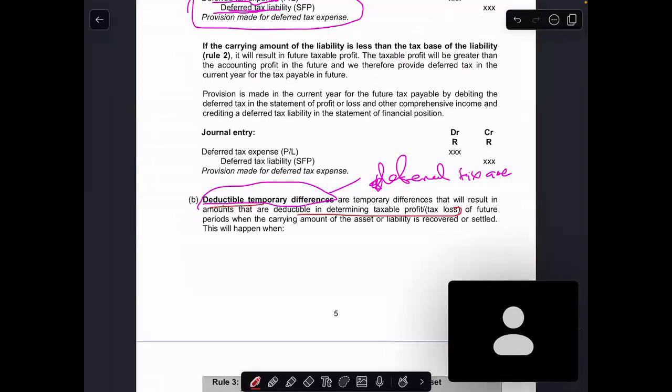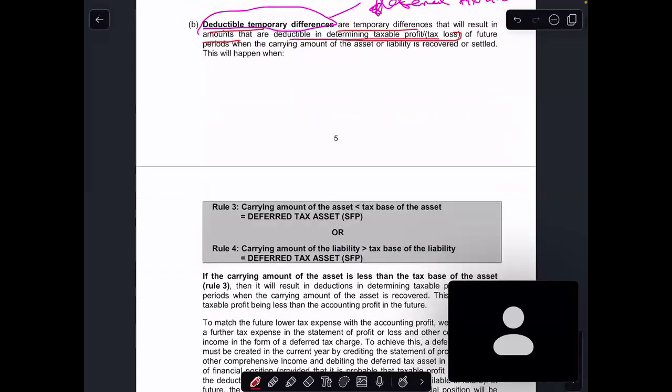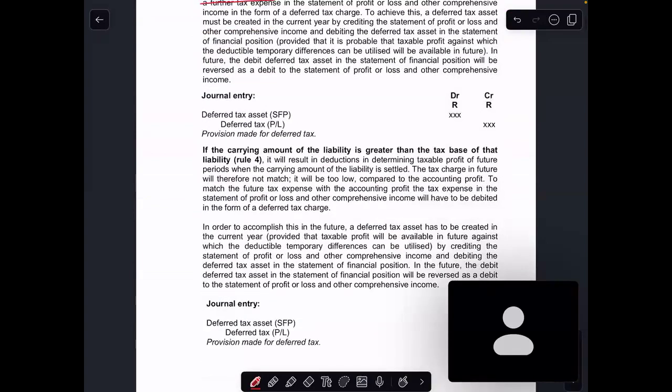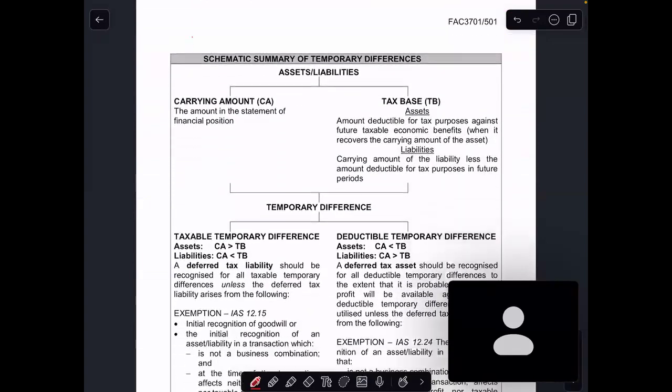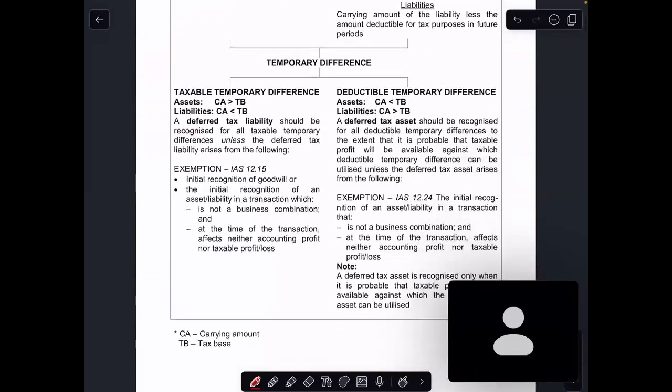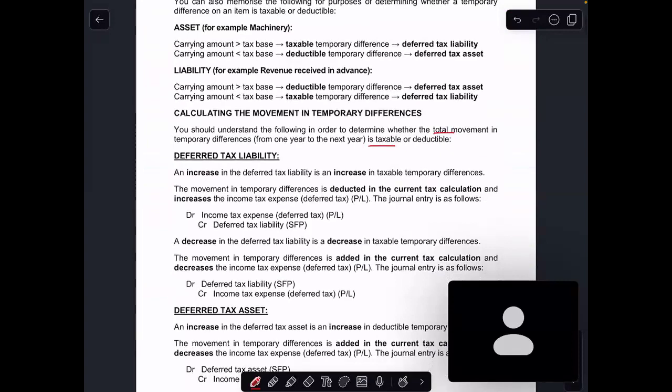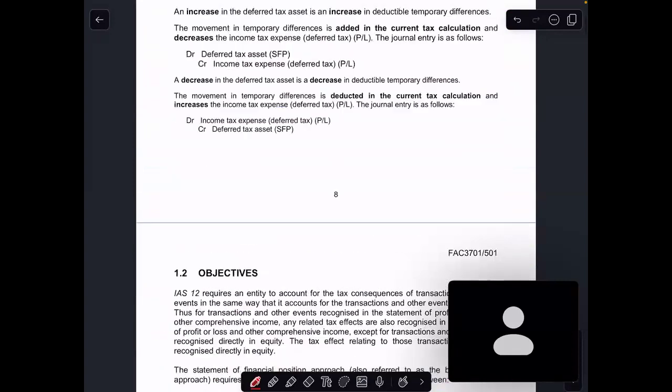Deductible temporal differences are temporary differences that will result in amounts that are deductible in determining the taxable profit of future periods. That's not the part I'm looking for. An increase in deferred tax. Where is that summary now?